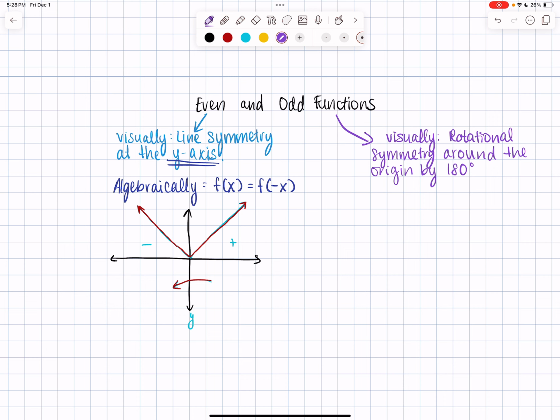And you can write this algebraically as f of negative x equals negative f of x.